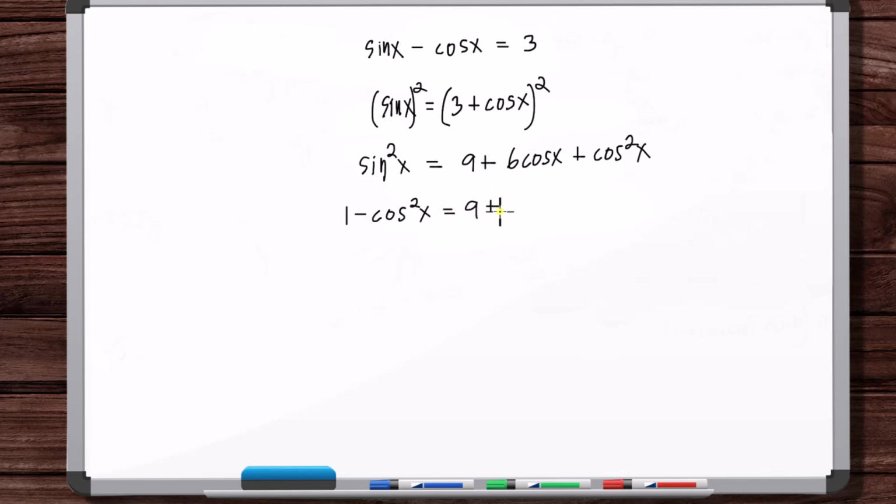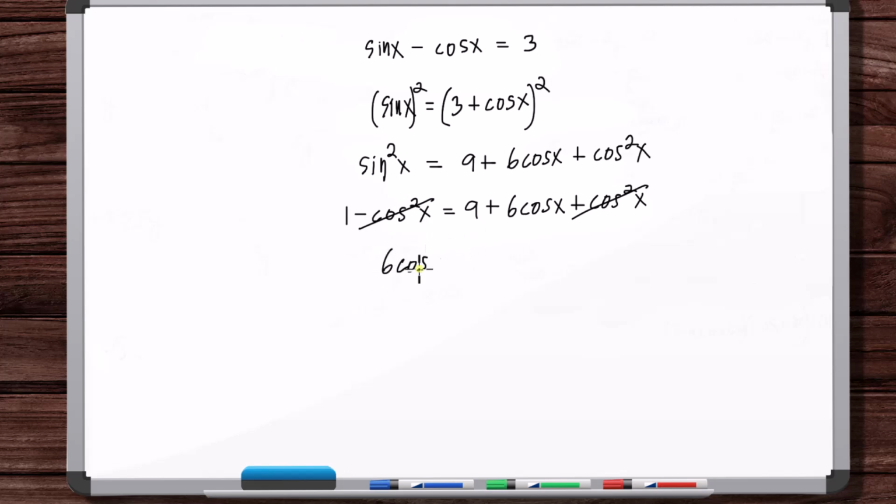And now look what we have. We have all cosine x's. So let's simplify a little bit more. Actually, the cosine squareds subtract out, which is nice. But if that didn't happen, it wouldn't be a problem, because we would end up with a quadratic equation. But it's nice that it did. Okay, I'll take it.